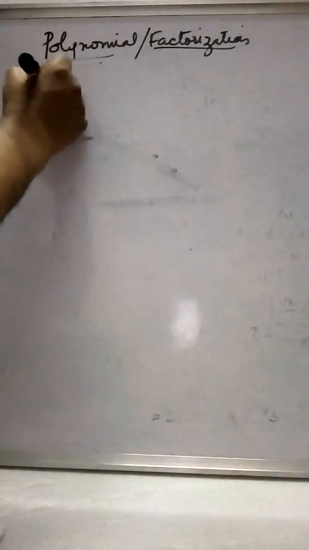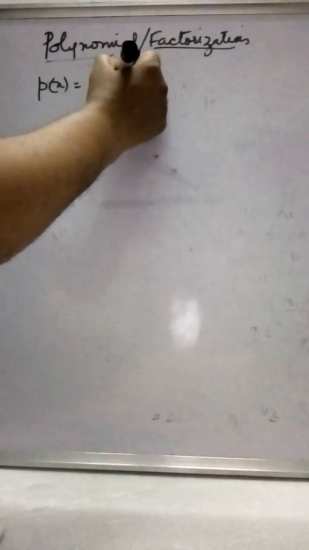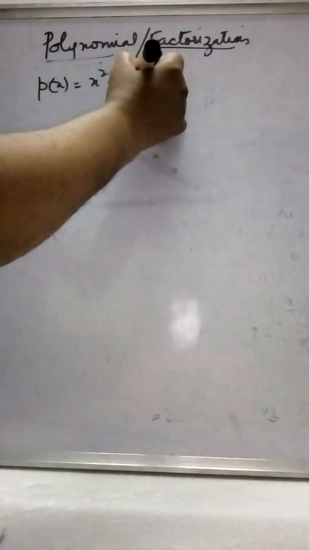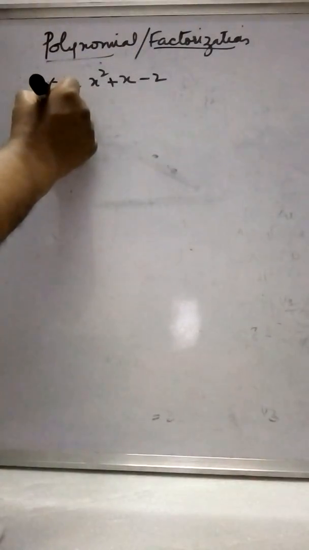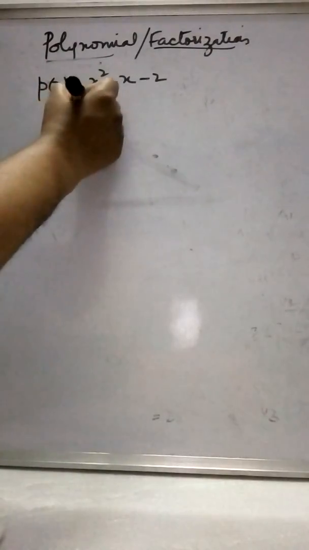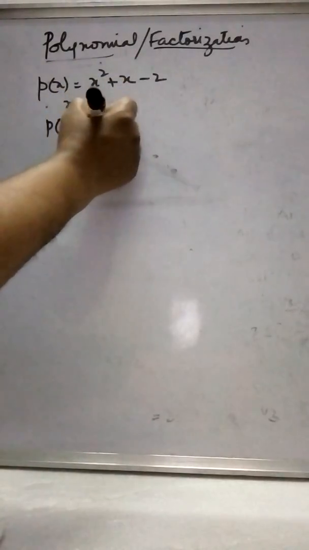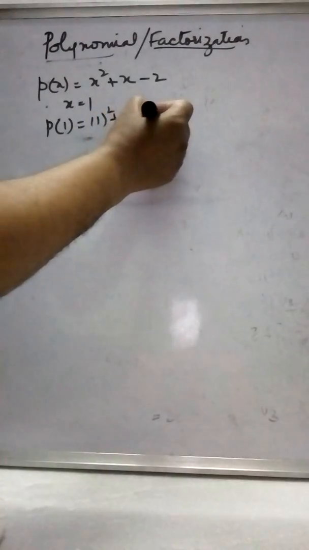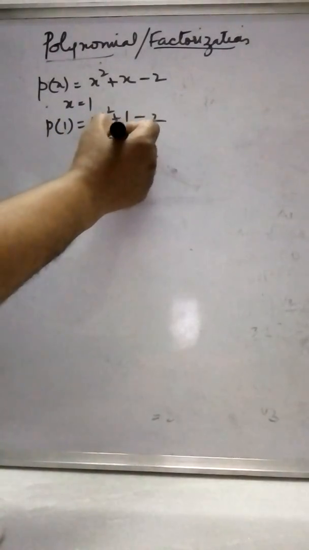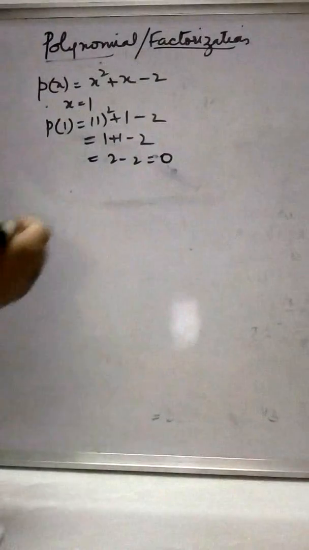For example, if I have p of x is equal to x square plus x minus 2. If I take x is equal to 1, so I can say p of 1 is equal to 1 square plus 1 minus 2, 1 plus 1 minus 2, 1 plus 1 is equal to 2 minus 2, which is equal to 0.